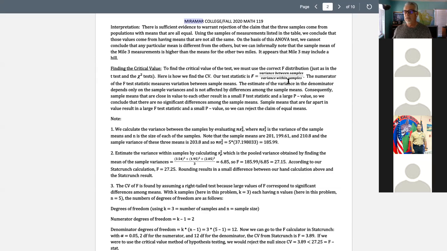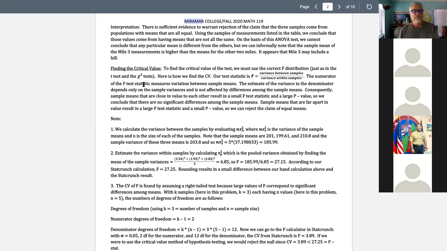That's going to come into play here. So we calculate the variance between the samples in the numerator, and then compare that with the variance within the samples. If the numerator is much larger than the denominator, we will reject the null hypothesis.